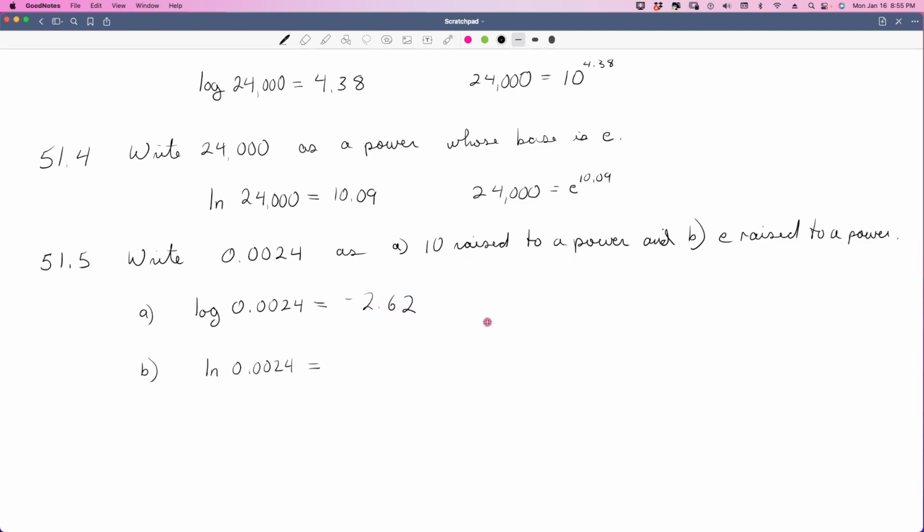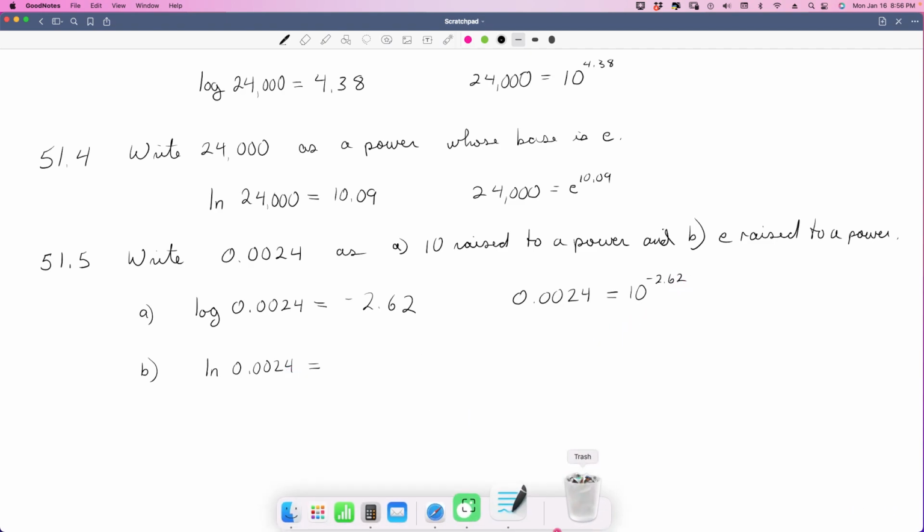And that allows us to write that as 0.0024 is equal to 10 with a negative 2.62 exponent. Now we're going to do the base of e.